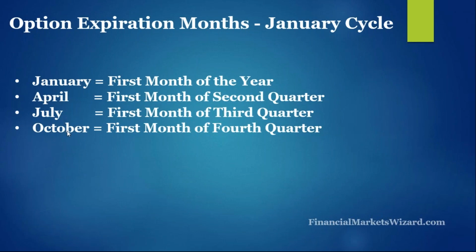So we understand that. January cycle is obvious. This is January, the first month of the year, and then they say, okay, the first month of each quarter: April, July, October. In order to understand the cycle, you have to know this. There are 3 cycles: January, February, March. January is the first month, and then we assign the first month of each quarter.